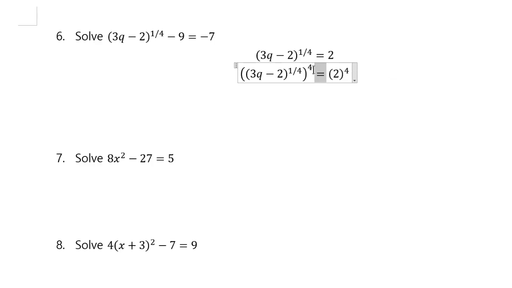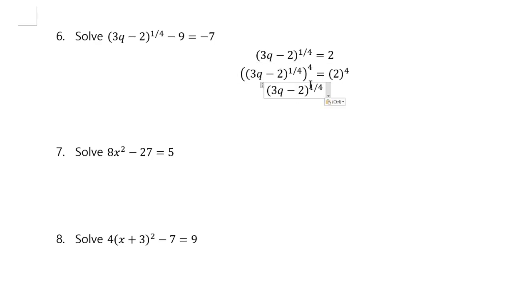But because I took the 4th power on the left and the 4th power on the right, the equal sign still works. And then if you have an exponent and another exponent like that, these two multiply. And what's 1/4 times 4? That's just 1. So in fact, they just cancel. So the left side just becomes 3q minus 2 to the 1st power, because 1/4 times 4 is 1.